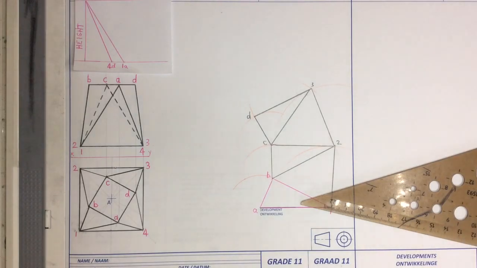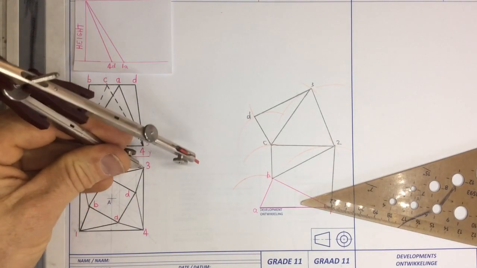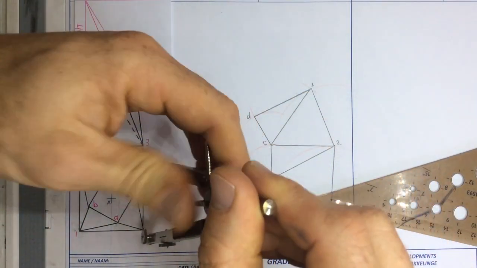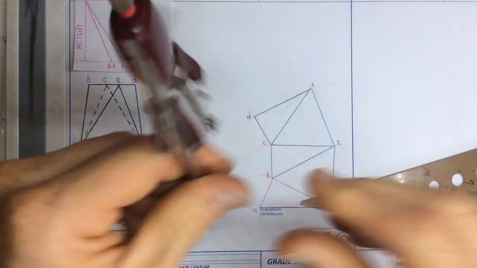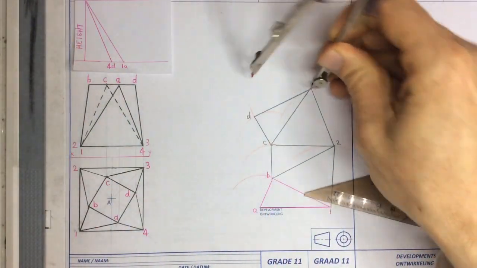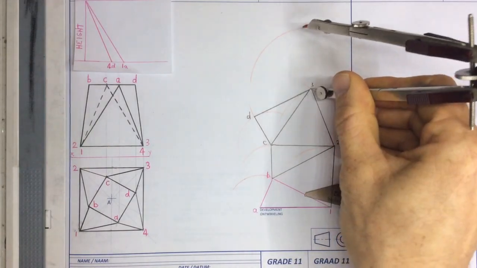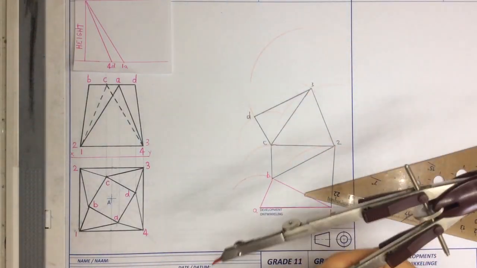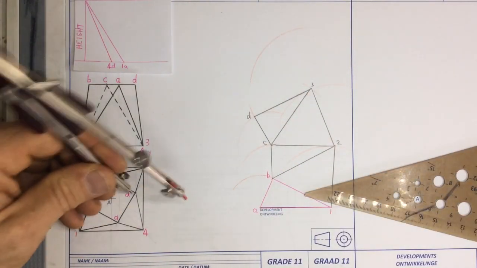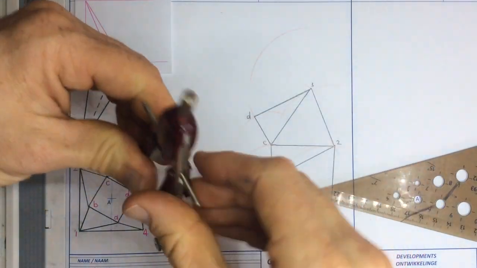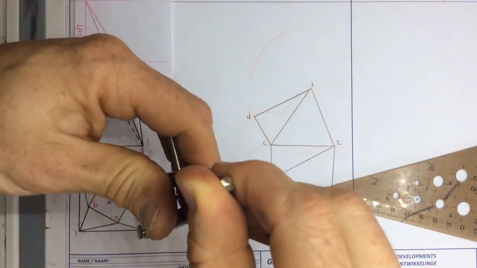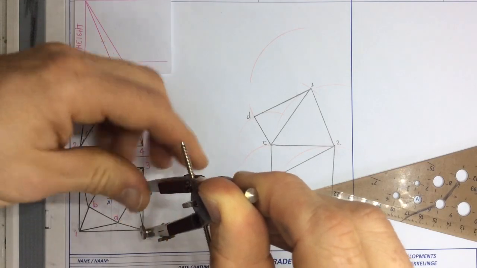Right, once I've got that, I need to go from 3 to 4. True length distance from 3 to 4. Go to 3, mark off an arc. Somewhere along that arc, I'll have 4. Do I have a true length distance from 4 to D? Take the distance over here. That's not a true length.